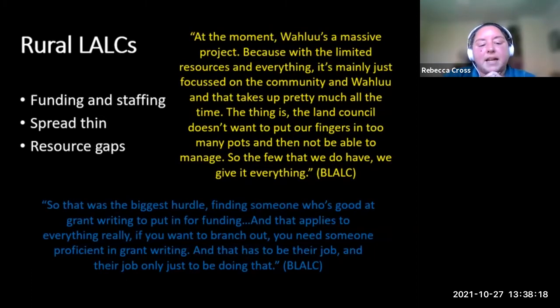And then including skilled workers, long-term positions, a lack of infrastructure as well as agency coordination. I don't mean to be speaking so much in a deficit language, but these are the words of the CEOs and the staff at local Aboriginal land councils.